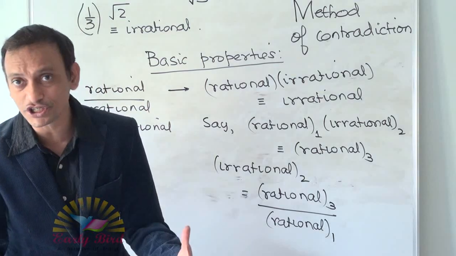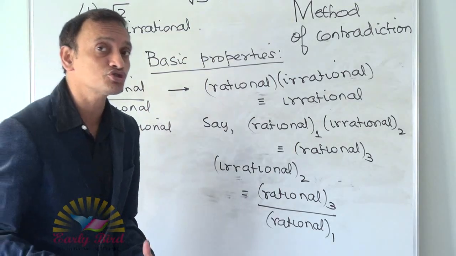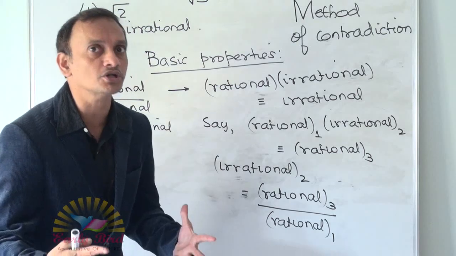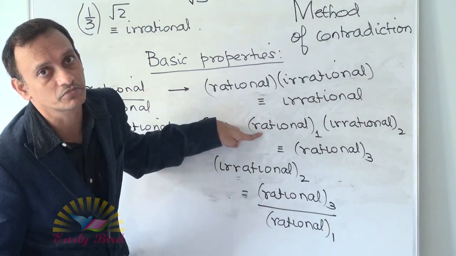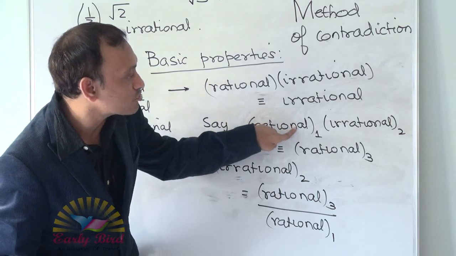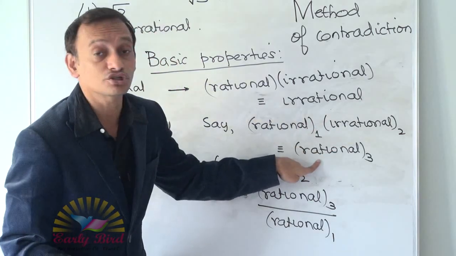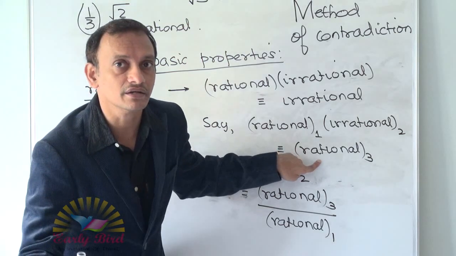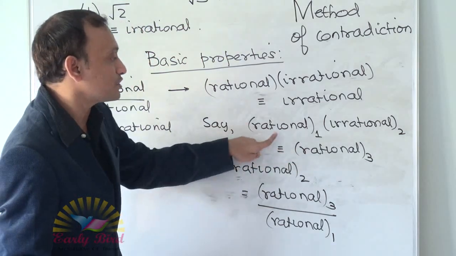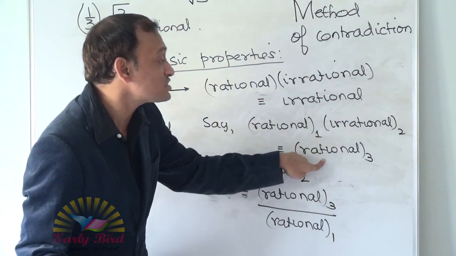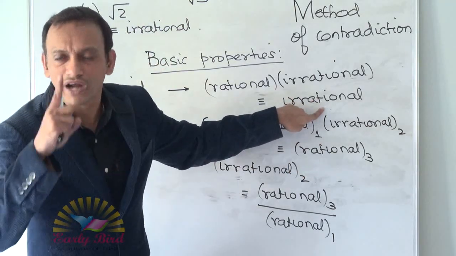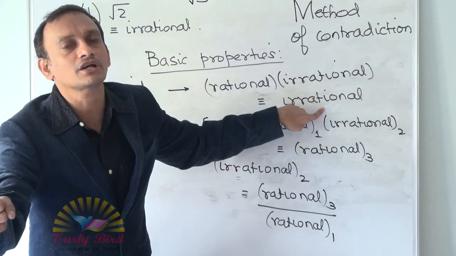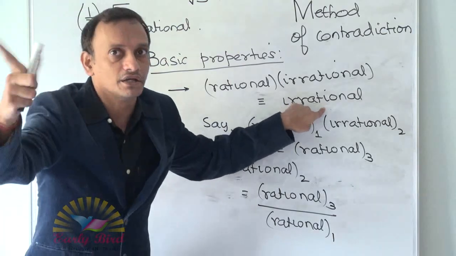So this is a contradiction. What's the origin of this contradiction? The origin of this contradiction is an incorrect assumption. The assumption that rational into irrational is rational is therefore incorrect. And therefore a rational into irrational must be irrational. Always a rational number multiplied by an irrational number will always be an irrational number.